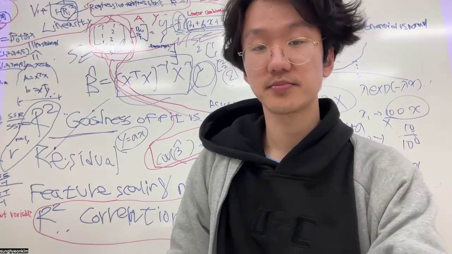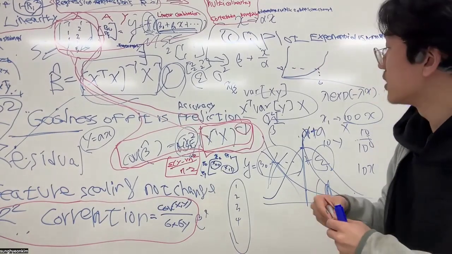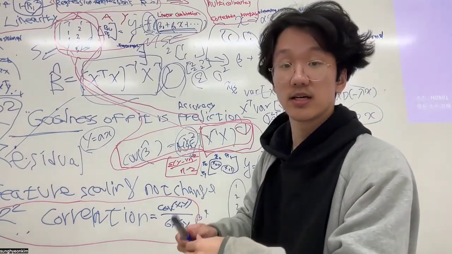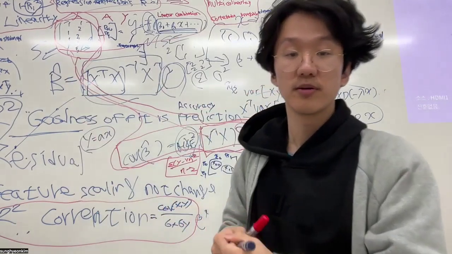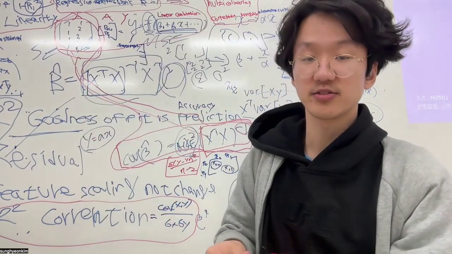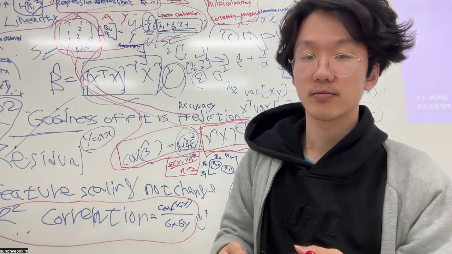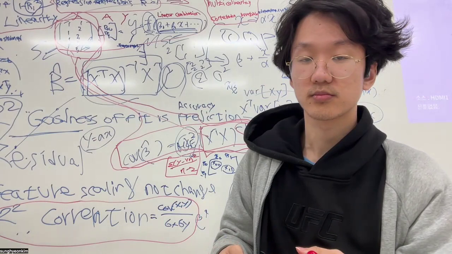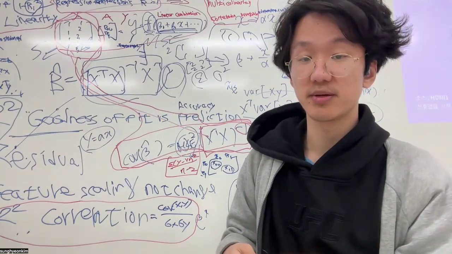Then in this case, in beta hat, this part, X transpose X, will be ill conditioned, such that the determinant maybe does not exist.